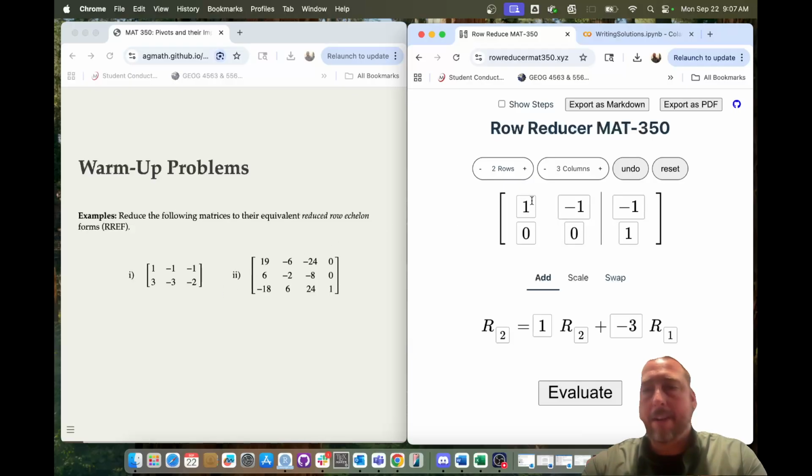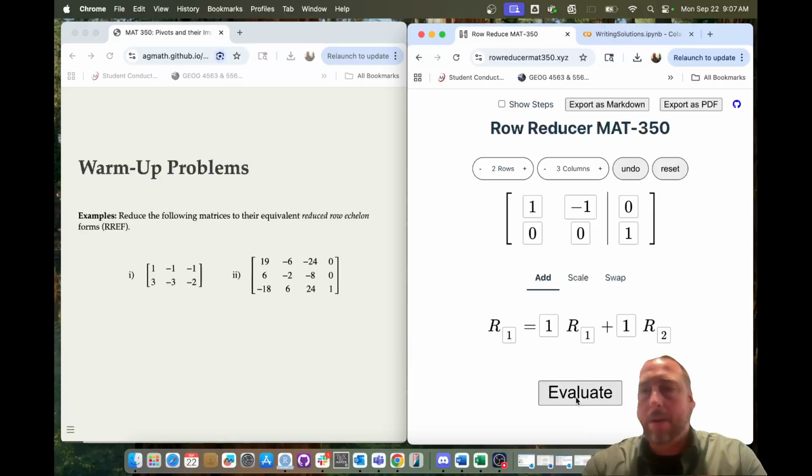We've got now a pivot in the top left corner. Our pivot in the second row is all the way here over in the rightmost column. And so what we'll do is we'll zero out the entry above that. So we're going to replace row 1 with the original row 1, plus 1 copy of row 2, indicating that I can zero out this entry if I just add these two entries together.